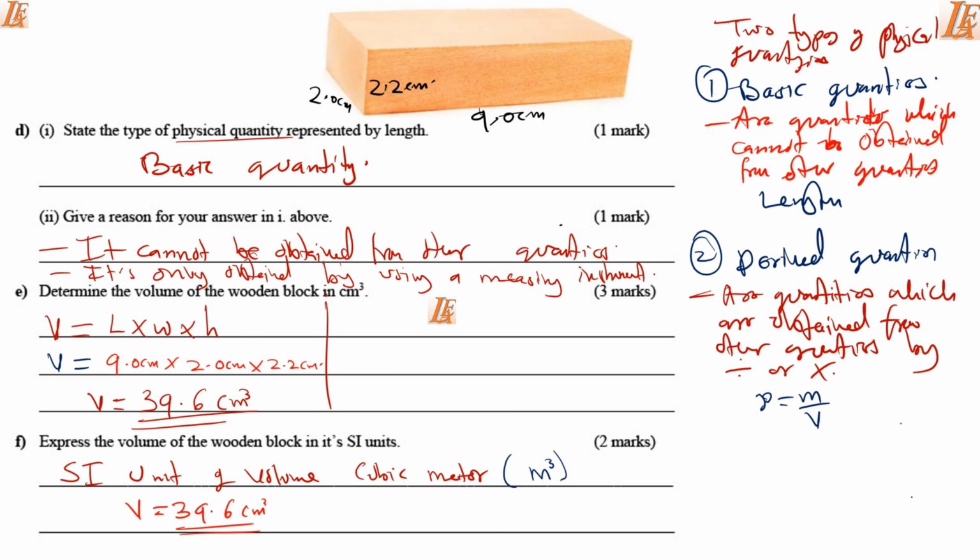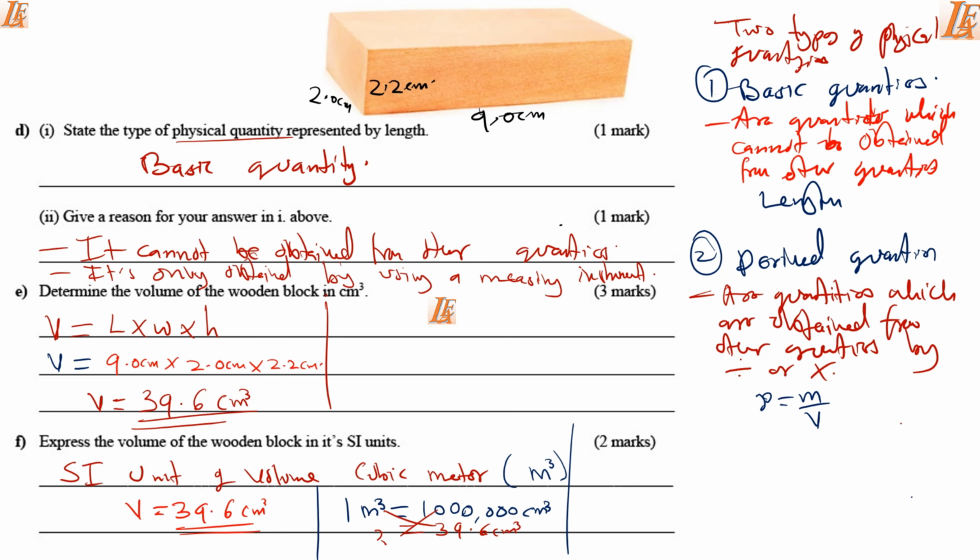In this case, what do we do? We write the relationship: 1 cubic meter is equal to 1 million cubic centimeter. Therefore, in this case, for us to get the 39.6 cubic centimeter, we have to do a cross multiplication.